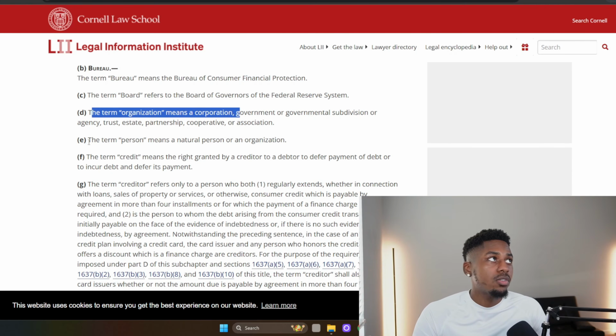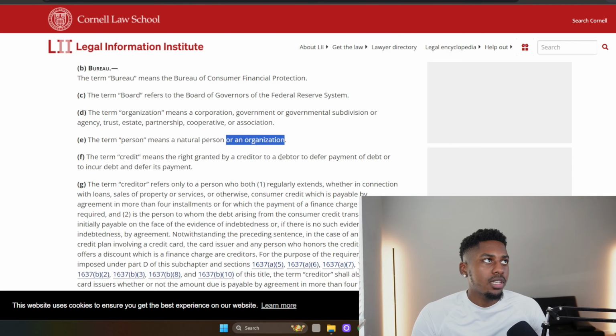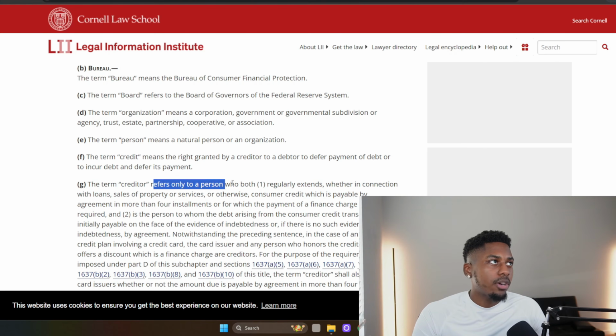But then we dive into the term person, okay? Person means a natural person or an organization, okay? Then we dive into the definition of credit, which means the right granted by a creditor to a debtor to defer payment of debt or to incur debt and defer payment. Then we dive into the term creditor, which refers to only a person.